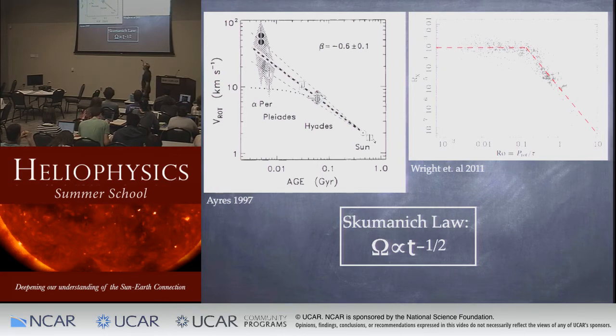But the idea is that we see a clear evidence that main sequence stars or low-mass stars spin down as they get older. Okay? So the sun is about 5 billion years old, pretty much a standard G star, and it has a rotation of about 30 days. We see older stars with about 100 days rotation period.